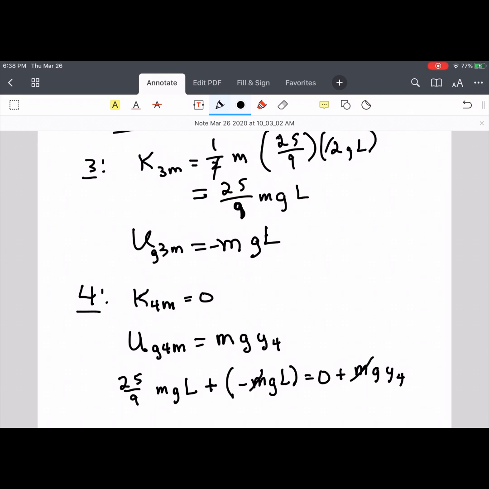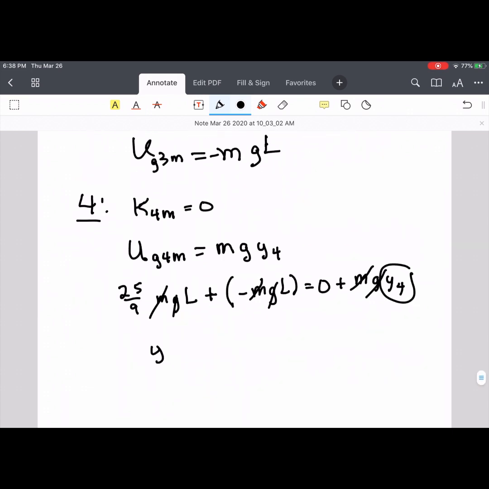The masses cancel out, the g's cancel out, and I solve for y4 is equal to 25/9 L minus L, or in other words, 16/9 L. 16/9, by the by, is 1 plus 7/9, so that's about 1.7777, etc. times L.